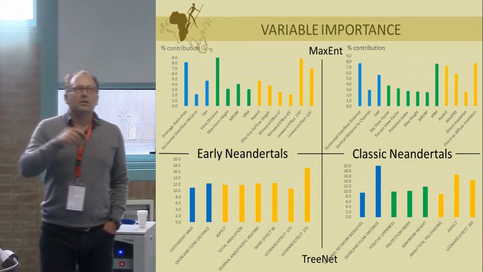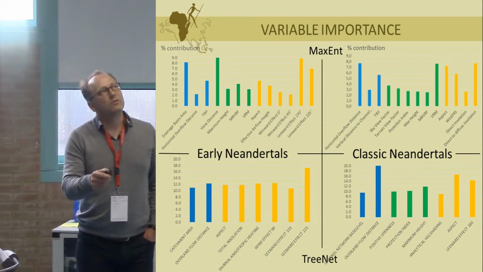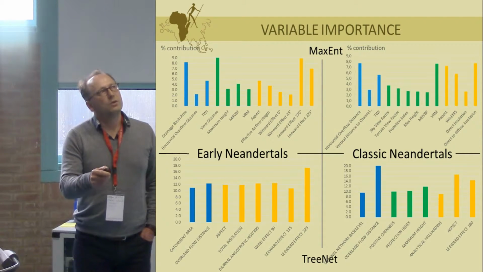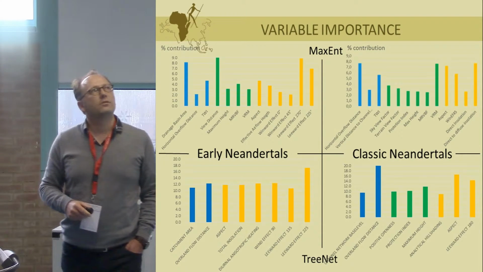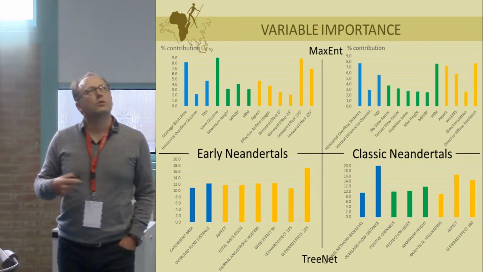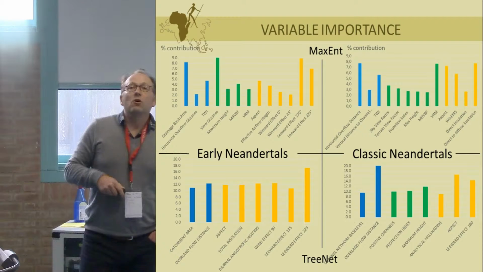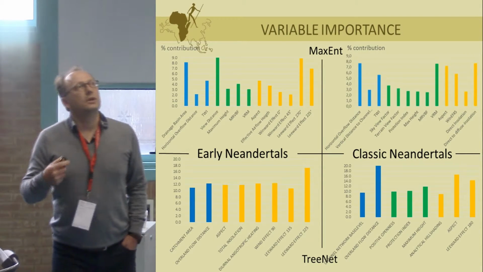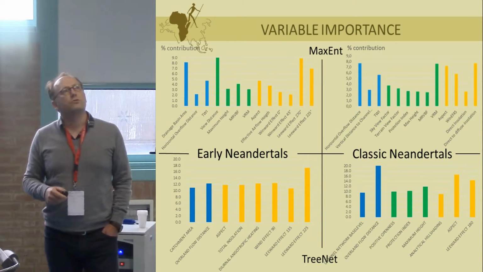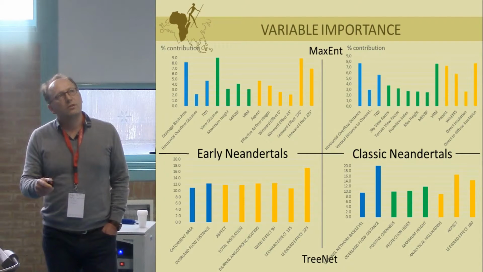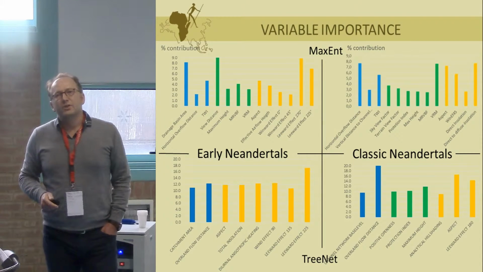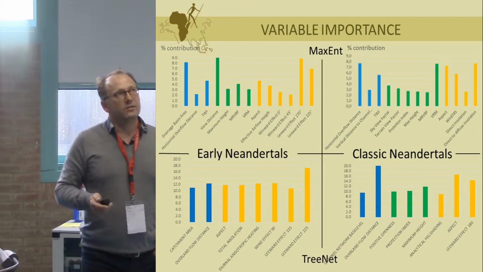So even if you have a look at the Maxent over here, we have a larger part here in the climate-related parameters. So that means early Neanderthals seem to be more dependent on climate issues concerning the site selection criteria, whereas the classic Neanderthals have more strategic aspects in the site selection.